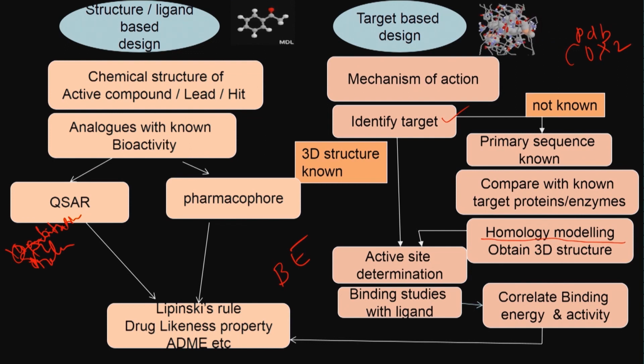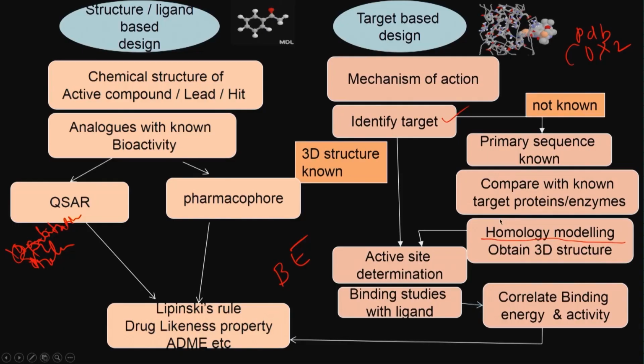If the binding is poor, I will say it will have poor activity. If the 3-dimensional structure of the protein of my interest is not there, but similar protein structures are available, like I said, for human I might not have the 3D structure of that protein, but I may have the 3D structure analogous to a rat or a mouse.